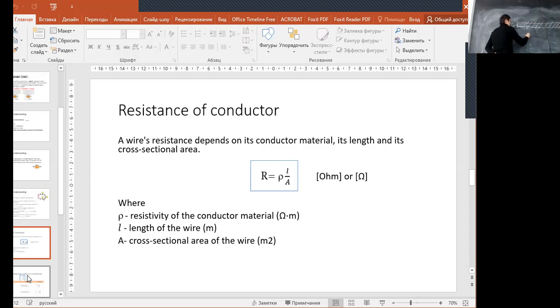So resistance R is equal to rho multiplied by L divided by A. L is the length of the wire or conductor. A is this cross-section area of the conductor.